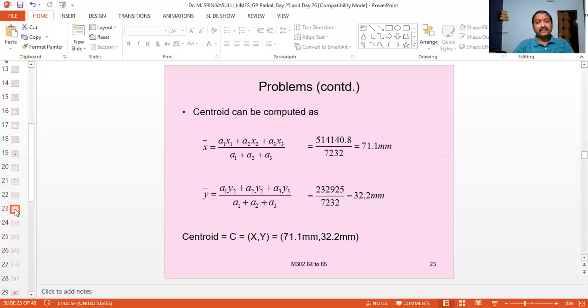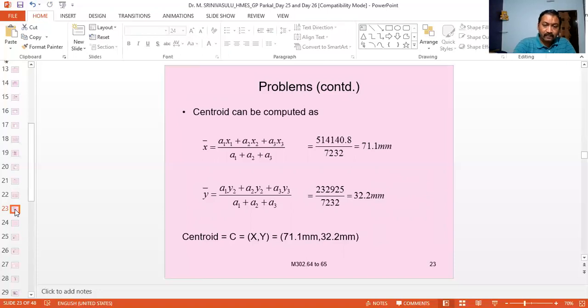So the centroid of the given figure, xy, is equal to 71.1 millimeters comma 32.2 millimeters. That is x bar is equal to 71.1 and y bar is equal to 32.2 millimeters.